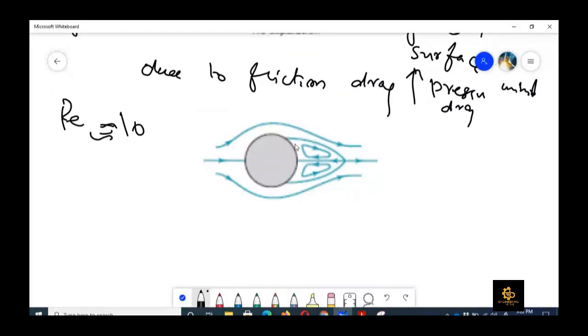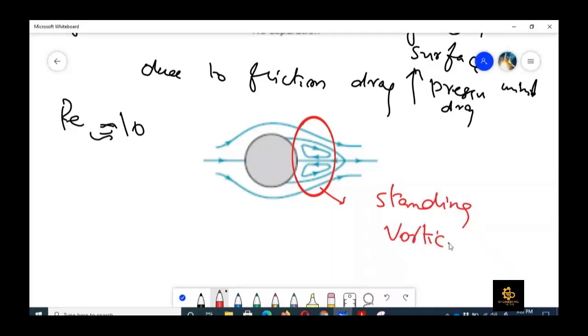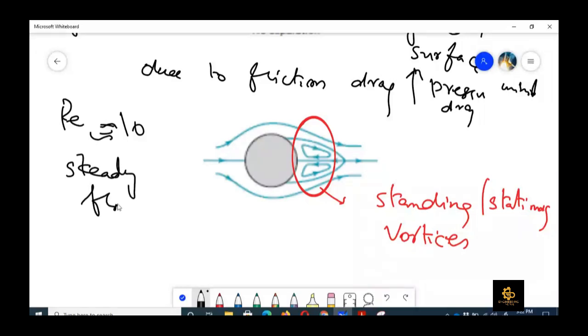So when Reynolds number is 10, you can easily see that there is some kind of flow separation at the back end. So that is shown by this area. So these two vortices, we call them standing or stationary vortices. By stationary, it means that they are not going to move along with the flow. So they would be present all the time in the back region, and this is kind of steady flow. So it means that flow pattern would remain same.